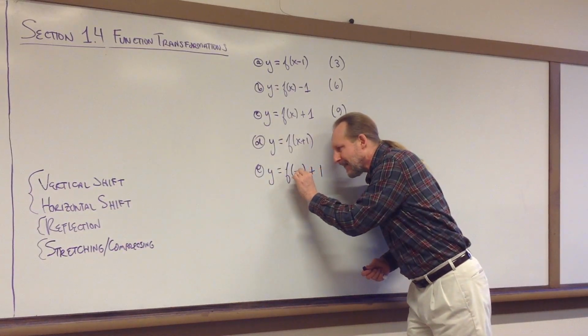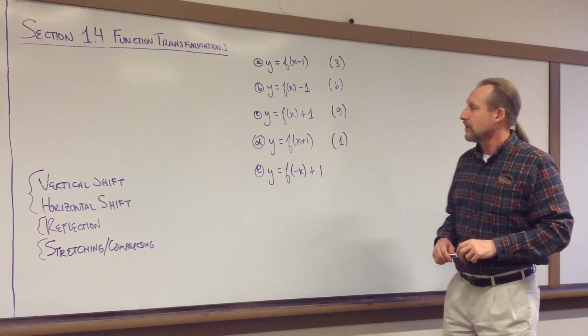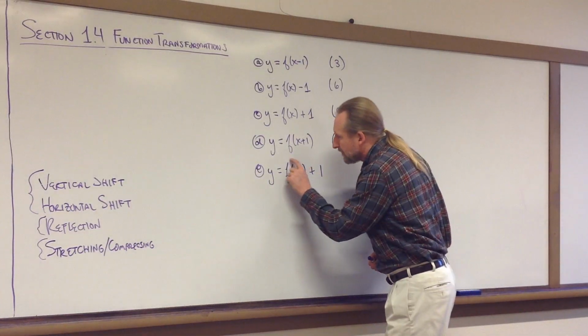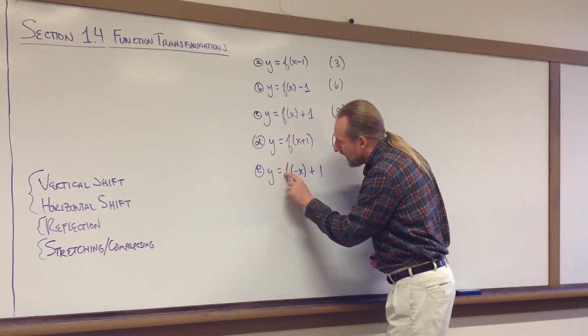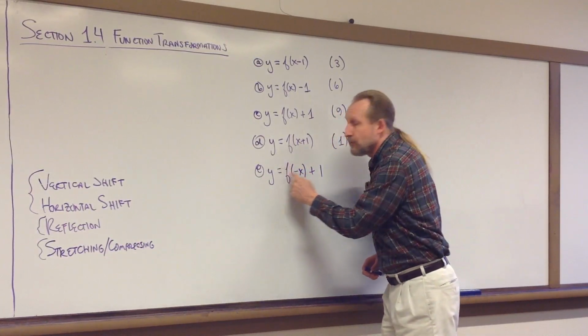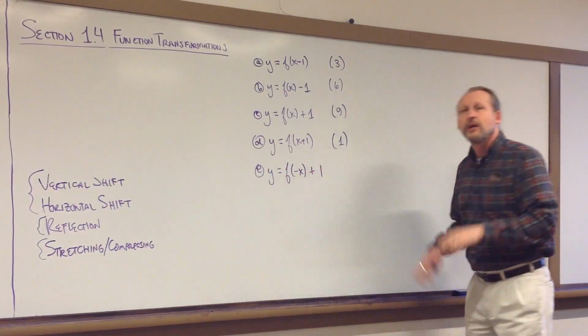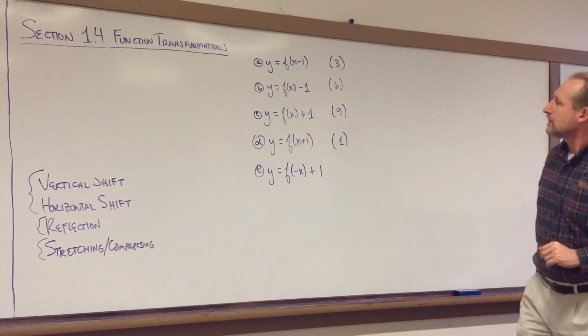What's happening inside here is going to happen first to our x values. Anything that happens to the f of x itself is going to happen next. Like if there was a 2 out here, then that would happen next. This vertical shift is going to happen last.